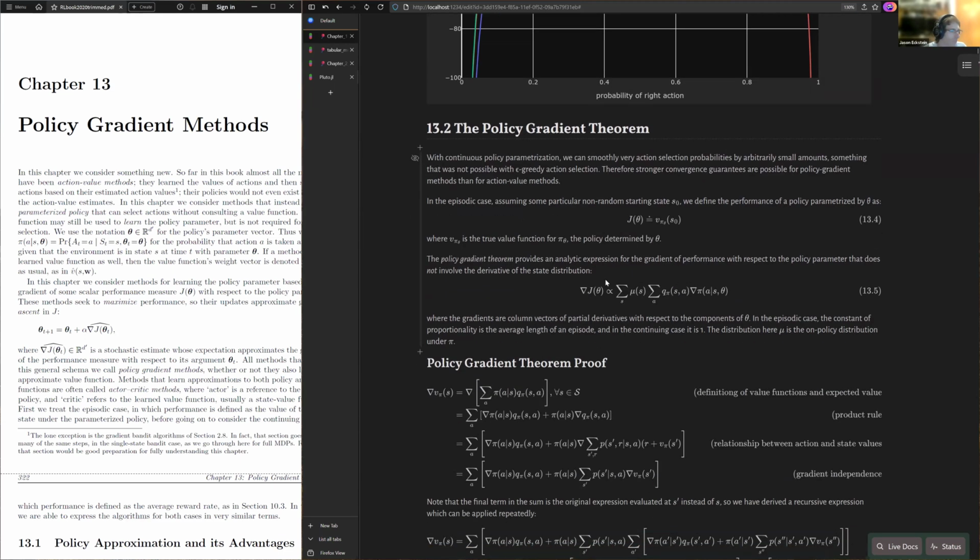And this is the final expression we're going to use of the policy gradient theorem: the gradient of this performance metric, where the gradient is the partial derivatives with respect to the parameters, we can write down as the sum. Again, this is the on-policy distribution, these mu's. So mu sub s is the probability of being in state s at any given time in an episode.